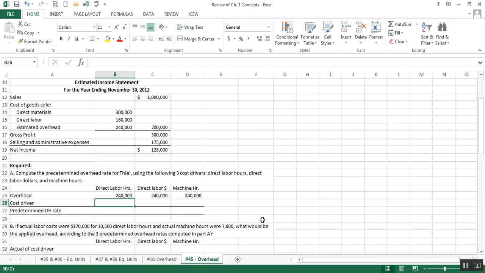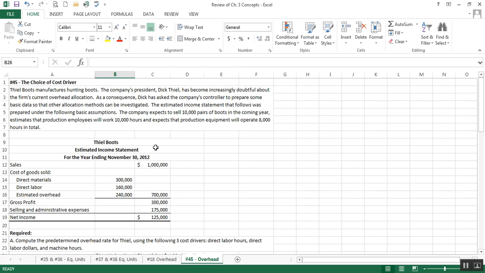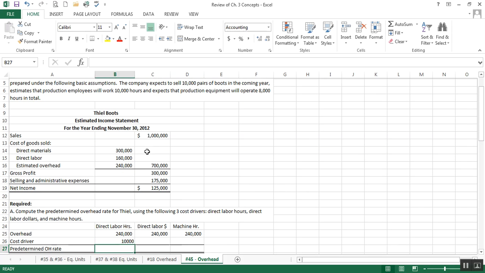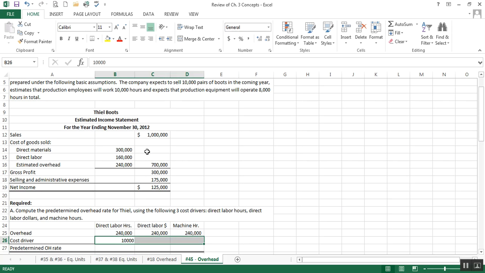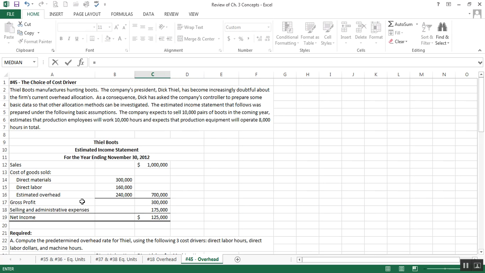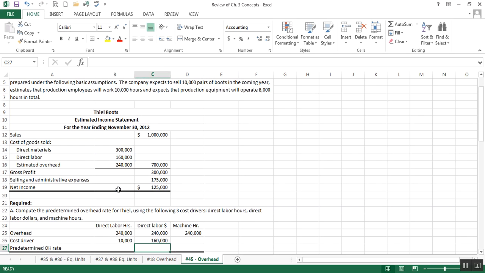So direct labor hours, we go back to our assumptions, and we're assuming direct labor hours of 10,000 hours right here. Okay, so 10,000. For direct labor dollars, we look here, $160,000.